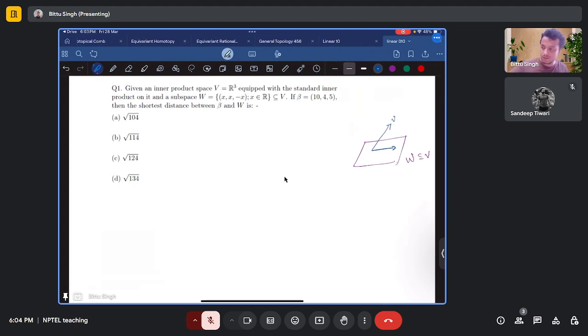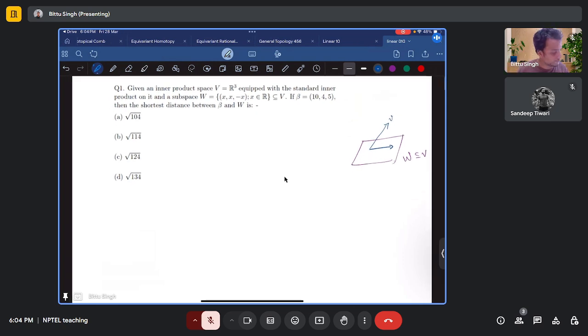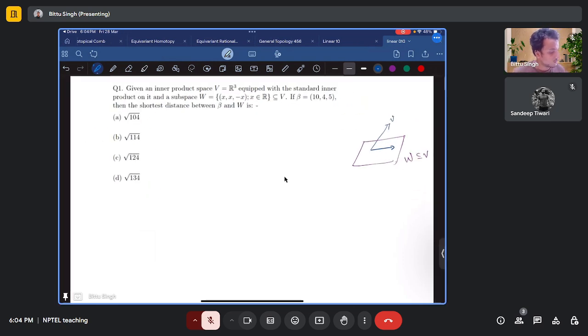So let us solve the first problem. Here you can see R3 is equipped with the standard inner product. Standard inner product means, as is already known, that for x1, x2, x3 and another element y1, y2, y3, the inner product will be given by the sum of the products of those components, right?